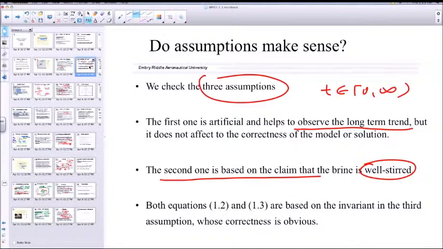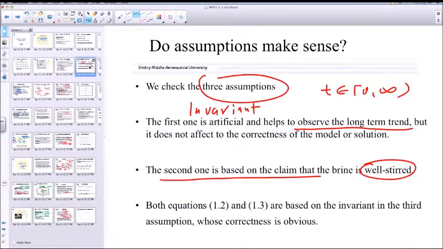And the third assumption, where does your equation come from? What is your first principle? Oh, the first principle is conservation of material. It does not come free, does not go away.